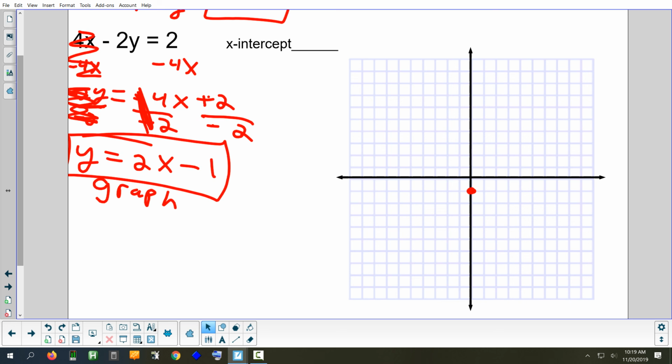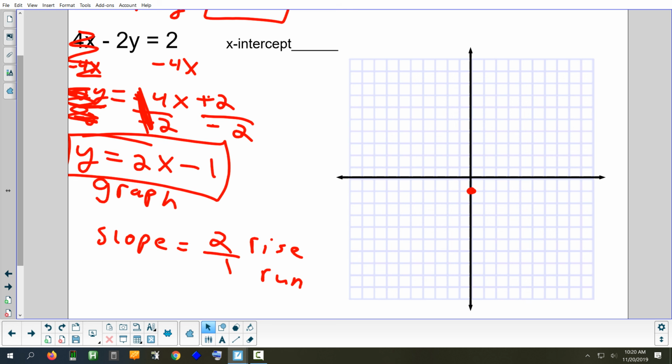Negative means down 1. Now, what do I use to get to another point? I need the slope. What's the slope? Just 2. What's the fraction form of 2? 2 over 1. The top number is your what? The rise. What's the bottom number? Run.